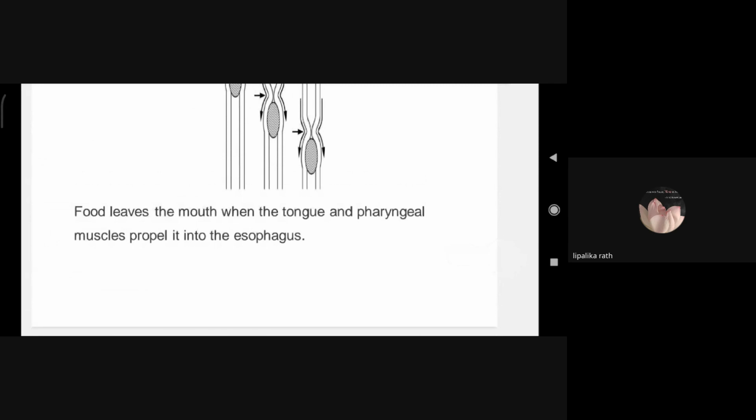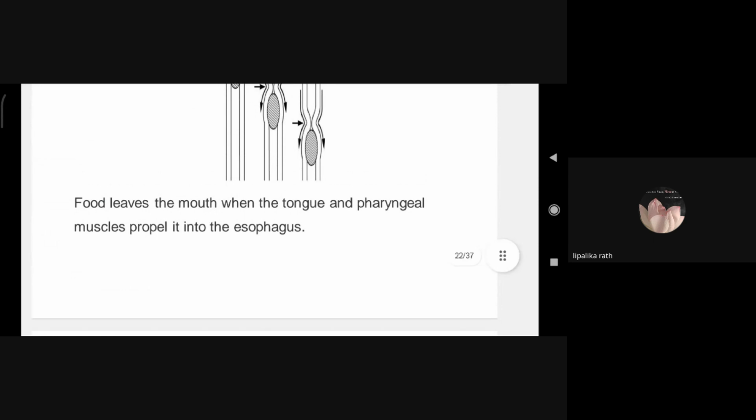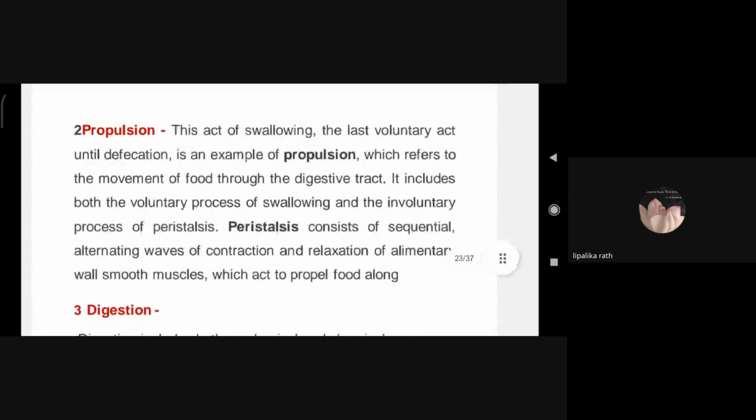So these pharyngeal muscles help us to swallow. Next step is propulsion. Swallowing is the last voluntary act until defecation.